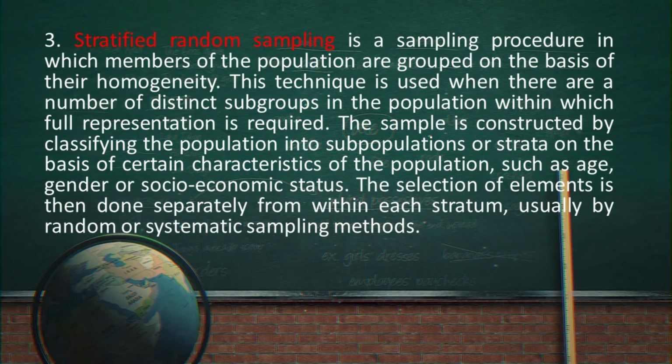The sample is constructed by classifying the population into subpopulations or strata on the basis of certain characteristics of the population, such as age, gender, or socioeconomic status. The selection of elements is then done separately from within each stratum, usually by random sampling or systematic sampling methods.